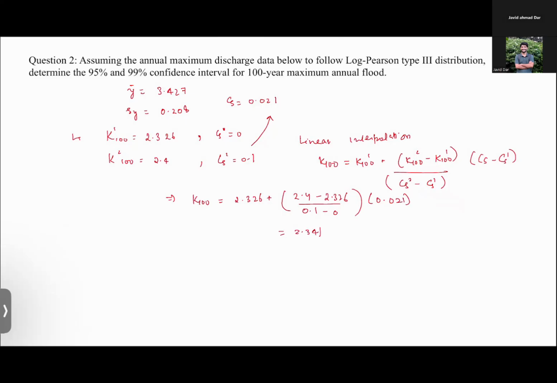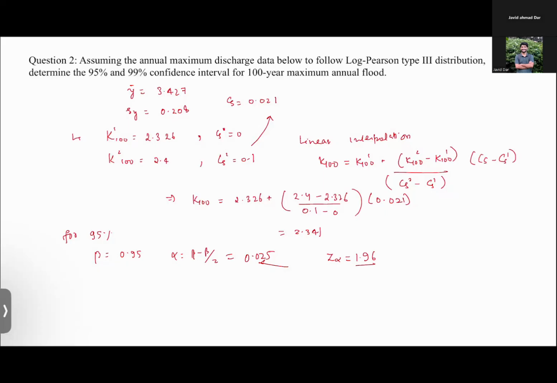Now we are given that we need to determine confidence interval for 95% probability. So for 95%, your beta becomes 0.95. As I said, alpha becomes (1 minus beta) divided by 2, which is equal to 0.025. And Z alpha comes around to be 1.96 corresponding to this alpha value. This can be taken from the standard normal variate table.